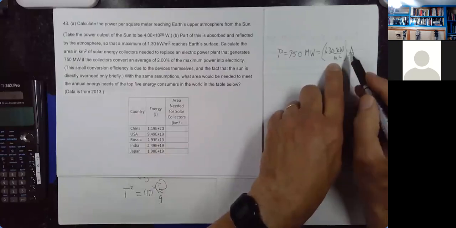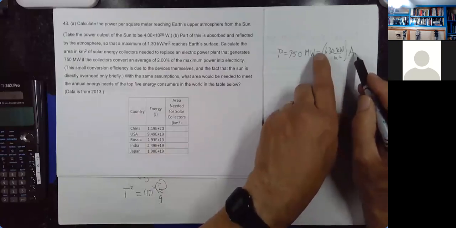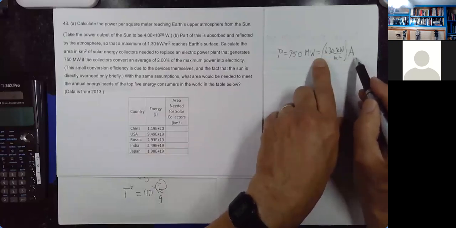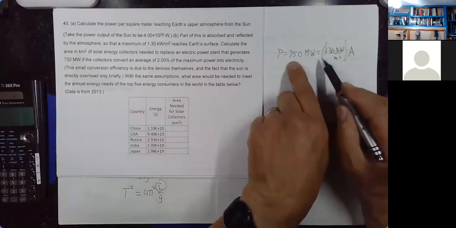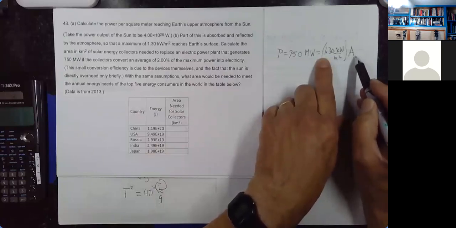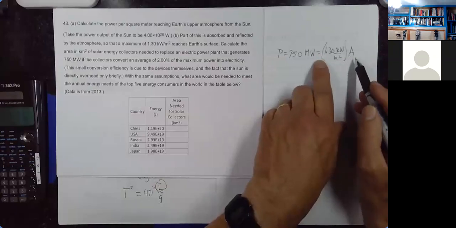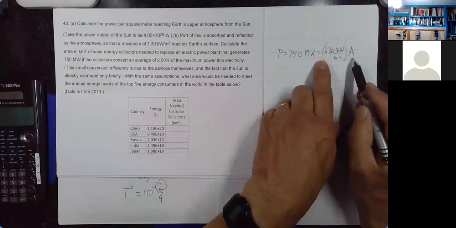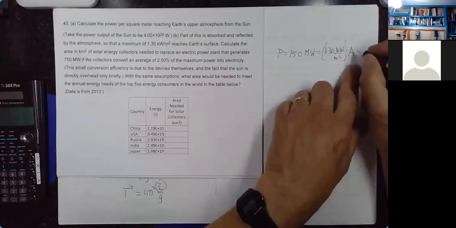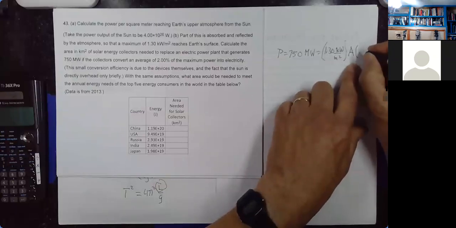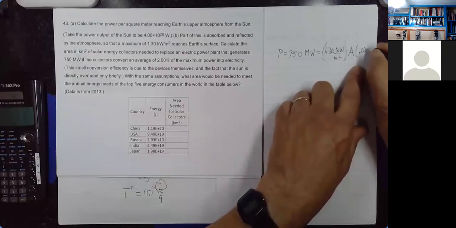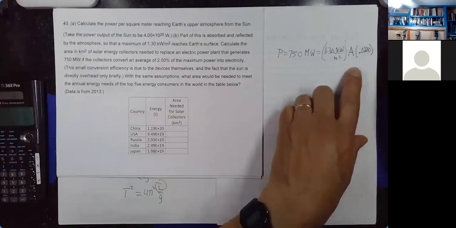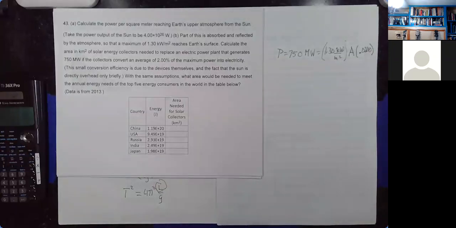If I multiply that by an area, I'll get an amount of power delivered by the sun, and I'd like it to be that, except the things I'm using are not 100% efficient. If they were 100% efficient, I could just use this as it is, but I have to multiply it by 0.0200 in order to make that correct.